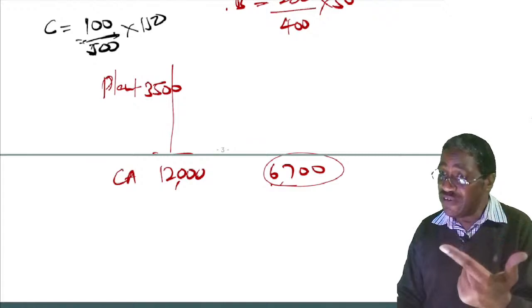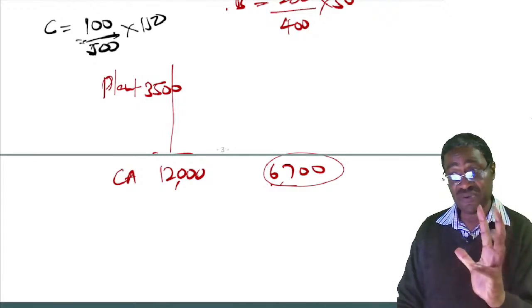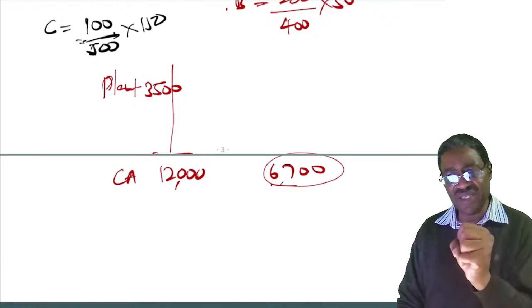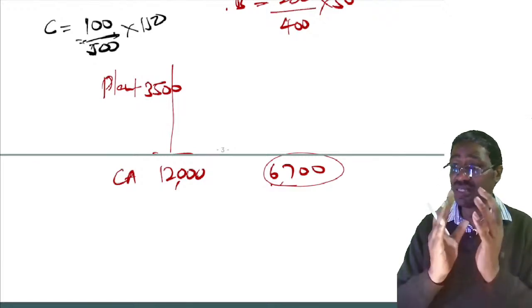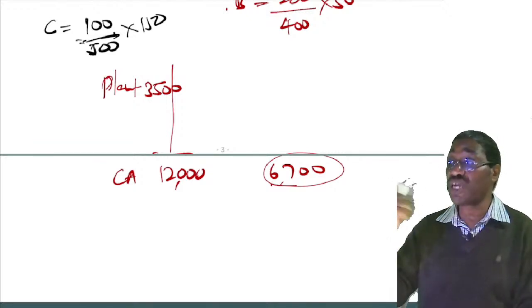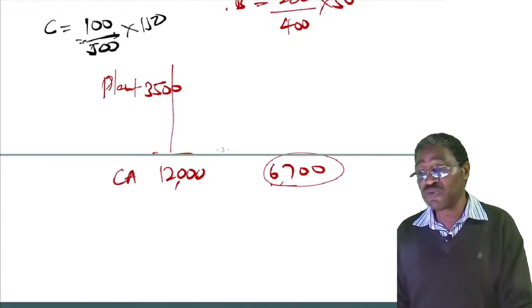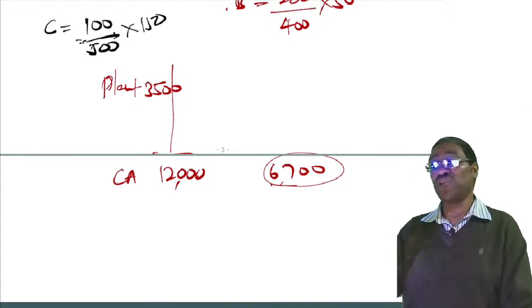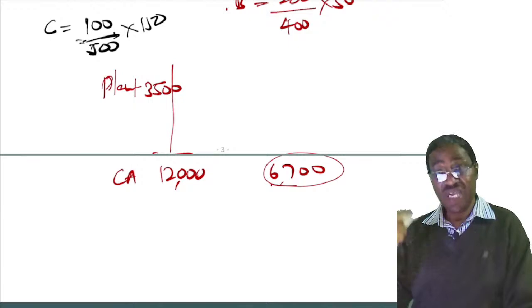You know by definition, an asset, any asset that a business has, is normally defined as an economic resource. It's a resource from which we expect to generate economic benefits. That's how we define an asset. It's a resource from which the business expects to generate economic benefits in the future.